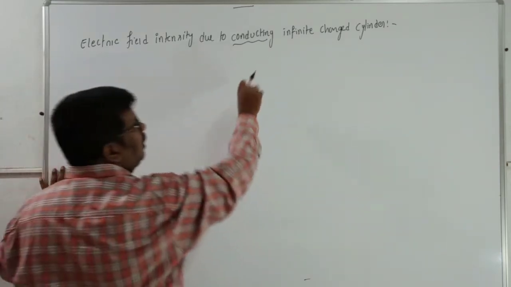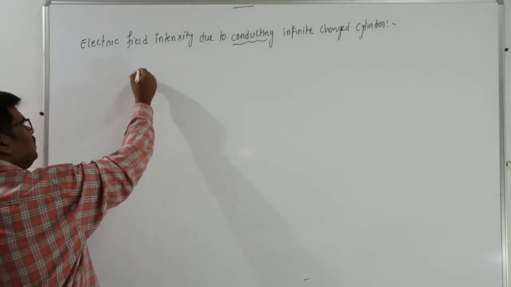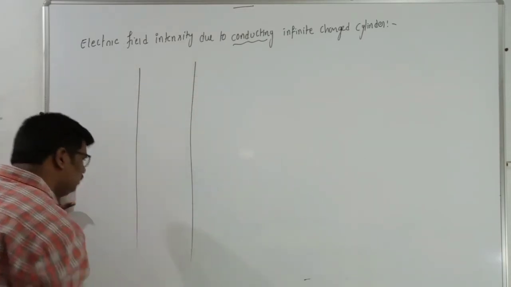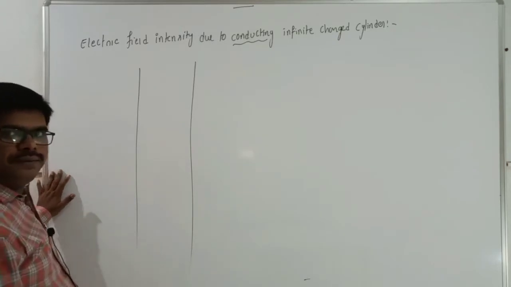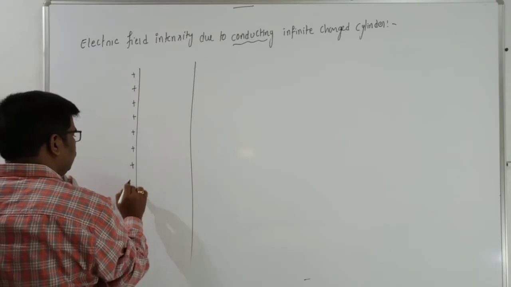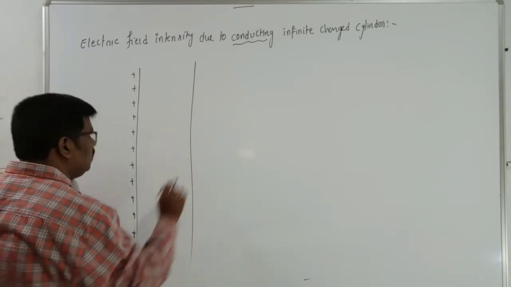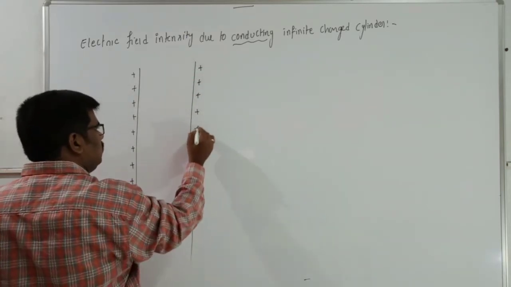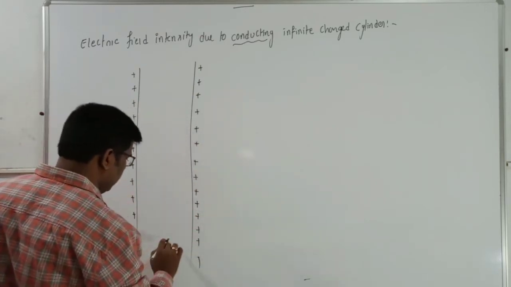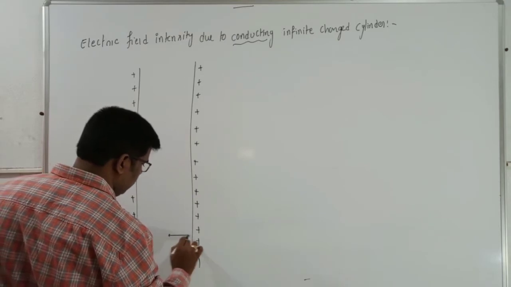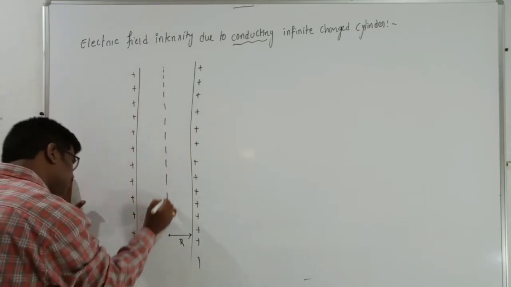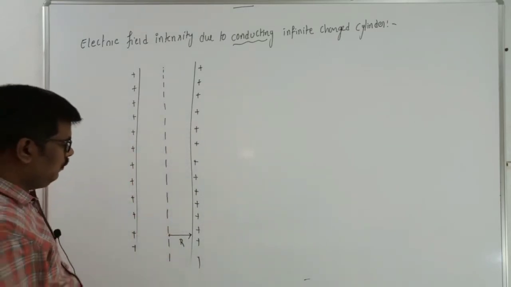That's why we will take surface charge density sigma here. It is an infinite charged cylinder, a cylinder having infinite length, and the charge is given to it. So charge resides over the surface only, and its radius is capital R, from the axis at the center to the surface.